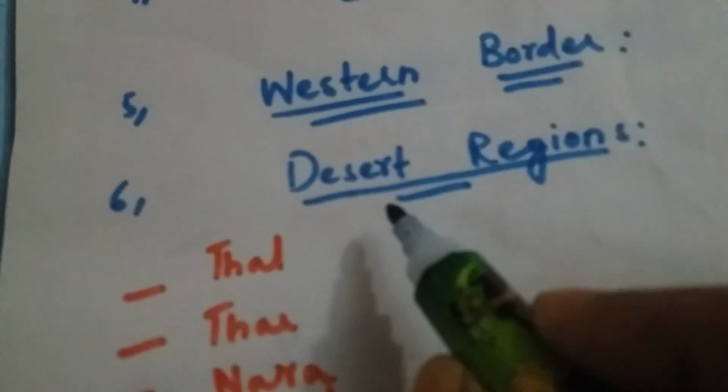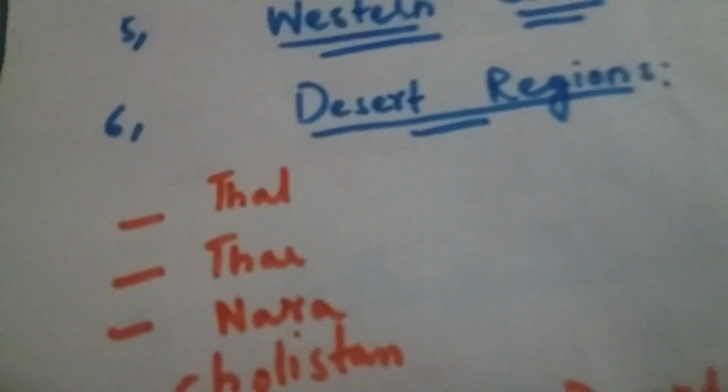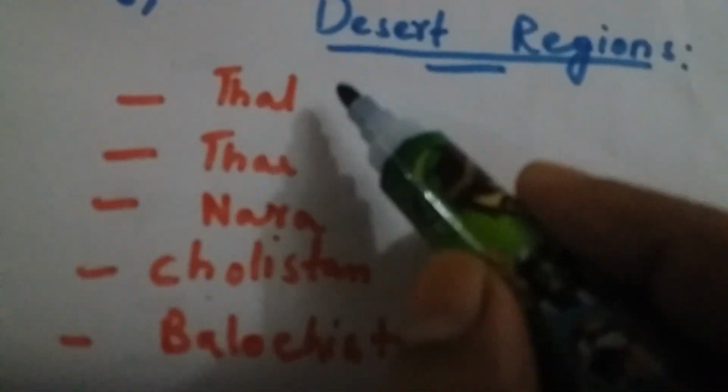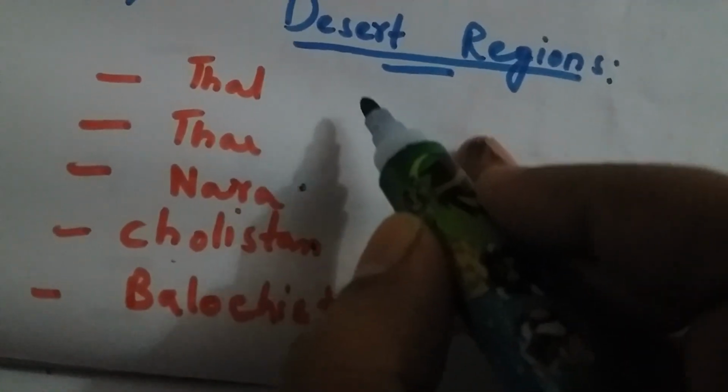Sixth category we have desert regions. Desert regions of Pakistan include Thar Desert, Nara, Cholistan and Balochistan Desert. Thar Desert is in Sindh, Nara in Sindh, Cholistan in Punjab and Balochistan Desert in Balochistan.